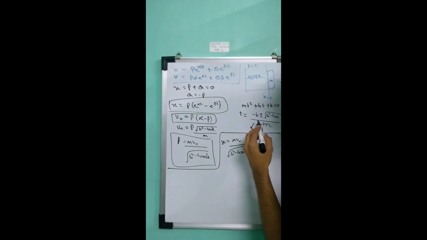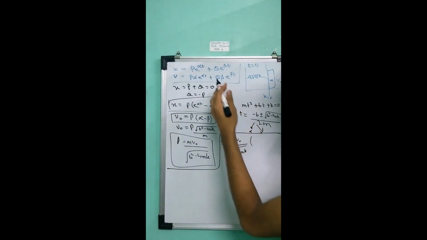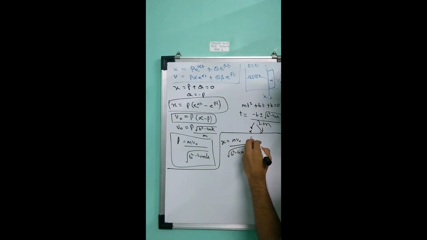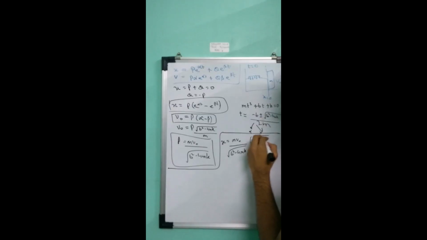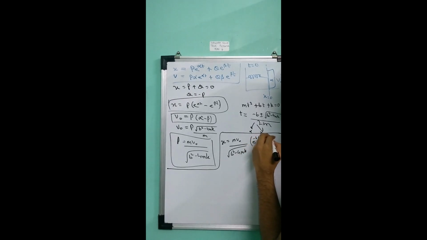Now you have to see that e to the power alpha t is e to the power minus b plus root b square minus 4mk by 2m, into t, this is alpha, minus e to the power minus b minus root b square minus 4mk by 2m into t.